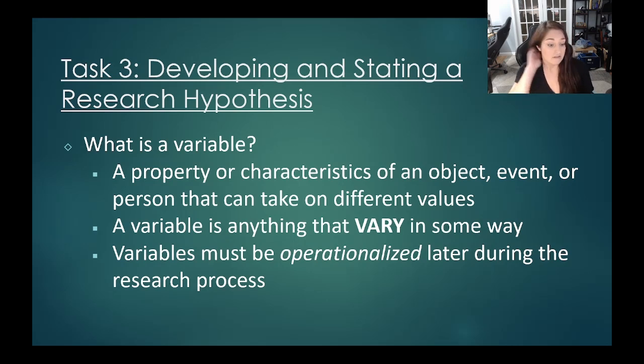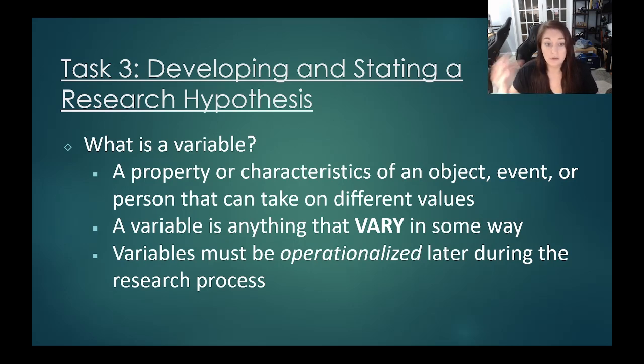For instance, green eyes. A person has green eyes. Having green eyes is not a variable, right? It's not something that varies in some way. The variable would be eye color, because a variable has to be able to vary in some way. It's a property or characteristic of an object, event, or person that can take on different values. So having green eyes is not a variable. Eye color is a variable. Different people have different eye colors, so it varies.